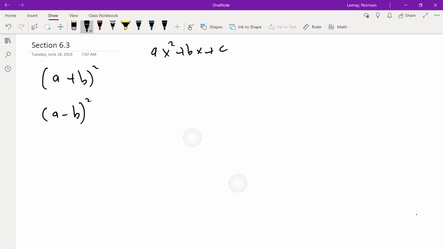Let's note that by definition, a plus b quantity squared is a plus b times a plus b. Using the FOIL method, we do the first terms, and we get a times a, which is a squared. When we do the outside terms, we get a times b.